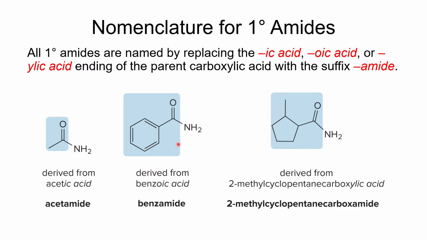So here, this is derived from benzoic acid, and we would change the OH to the NH2, and so we would call that benzamide. And then here we've got this 2-methyl cyclopentane carboxylic acid derivative, and we changed it to the amine group, and so it'd be 2-methyl cyclopentane carboxamide.